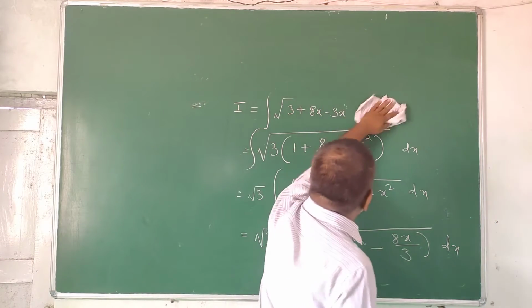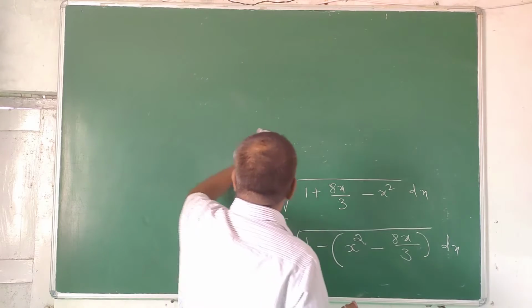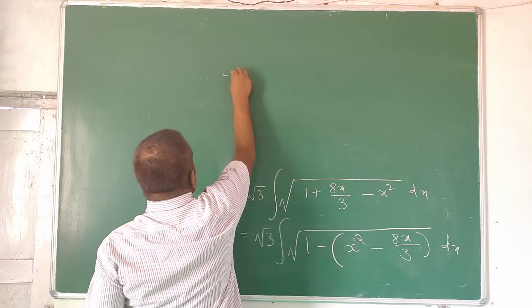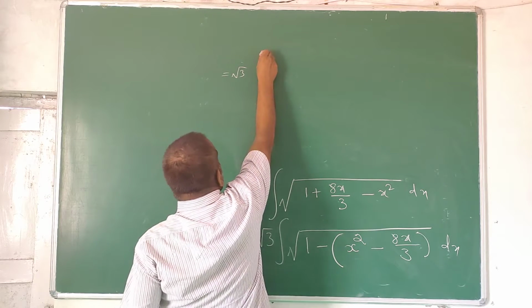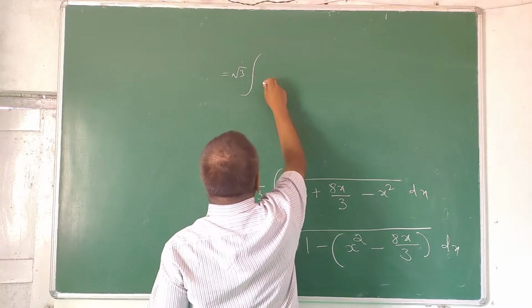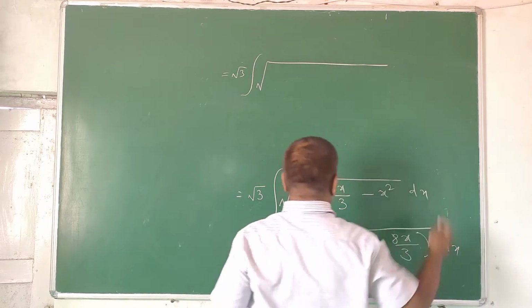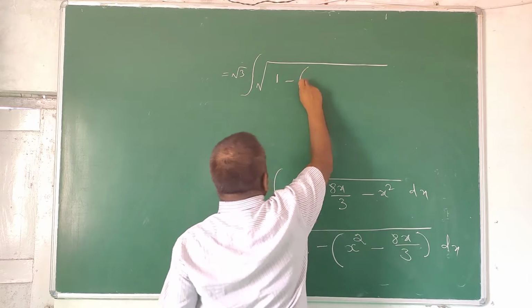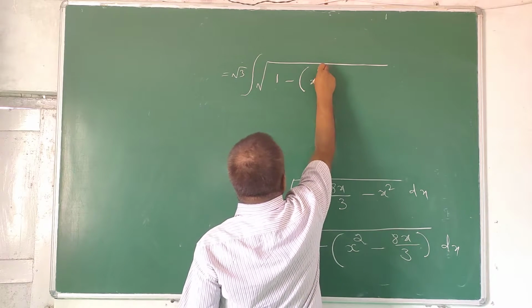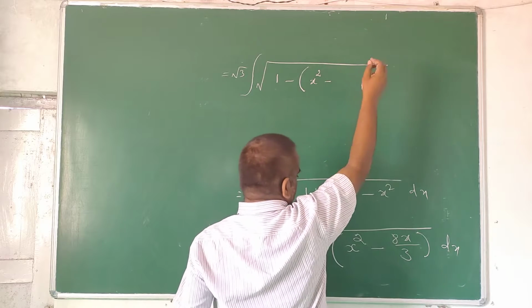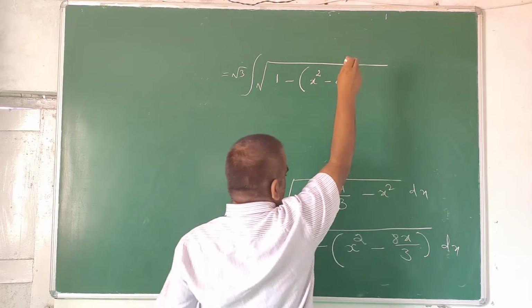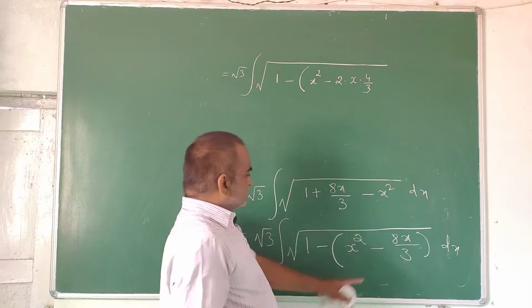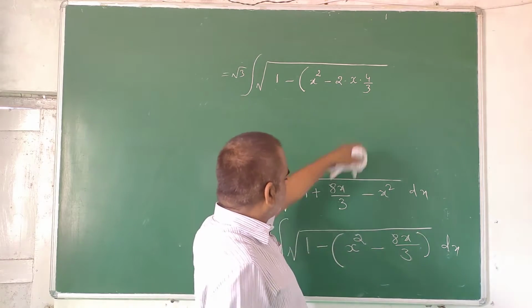So this is equal to root 3 integral root over 1 minus bracket x square minus 2 into x into 4 by 3. 8x by 3 we have written as 2 into x into 4 by 3.